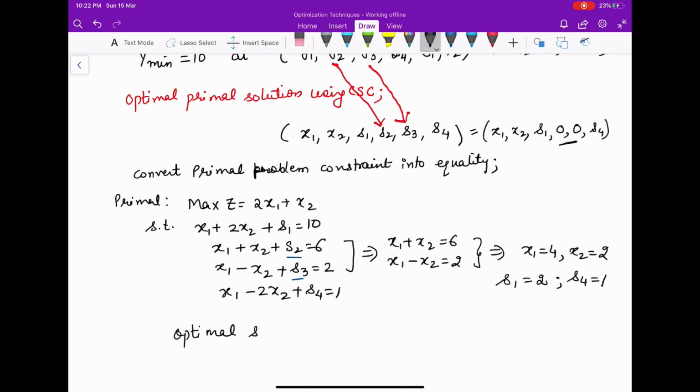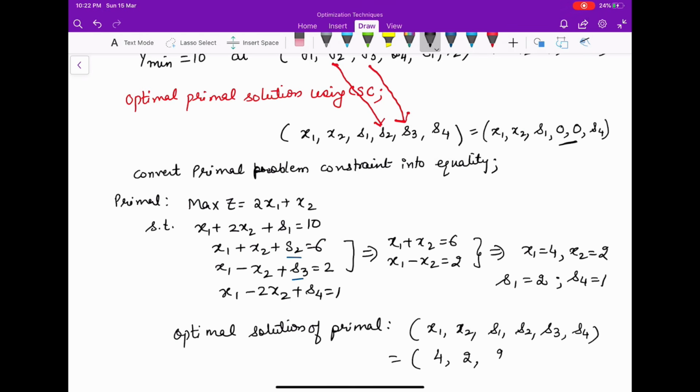So we can find now the whole optimal solution set. So the optimal solution of primal is x1, x2, s1, s2, s3, s4. So x1 is 4, x2 is 2, s1 is 2, s2 and s3 are 0, and this is 1.